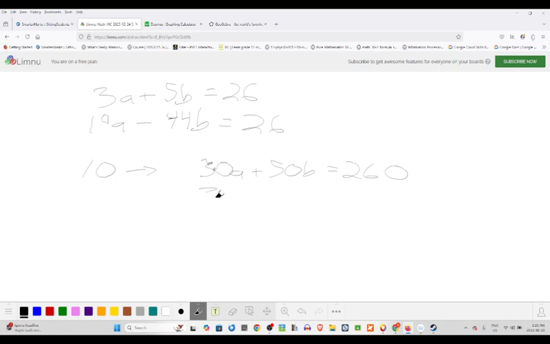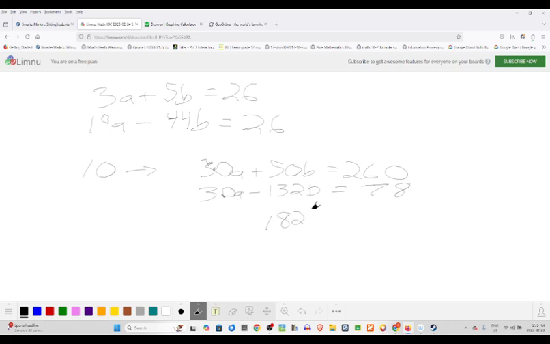Multiply our second equation by 3. That's 30a minus 132b equals 78. If we subtract the bottom from the top, we eliminate our a's.